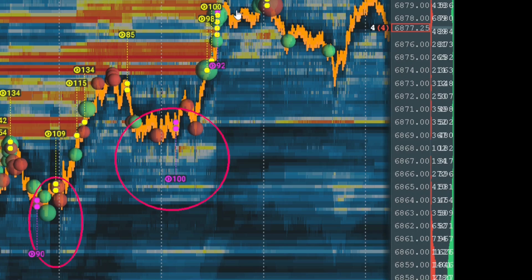In general, we can see that sweeps can help us when we have confluence with other factors, and they are more helpful in market conditions where sweeps are rare, and when they are in the same direction as the trend.